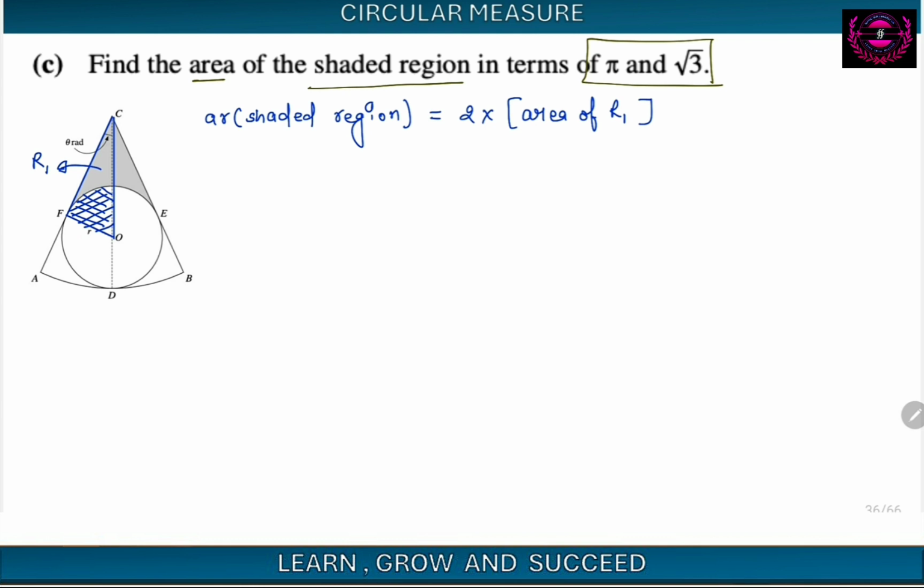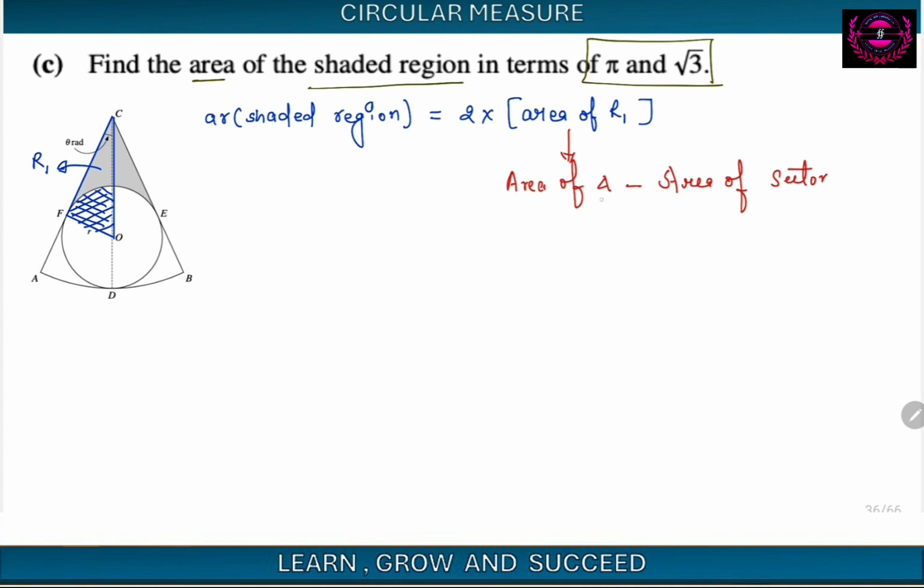So now area of region R1 is area of triangle minus area of sector.